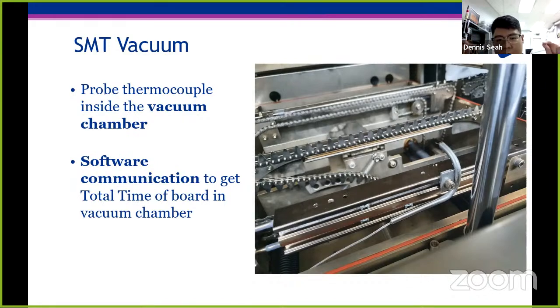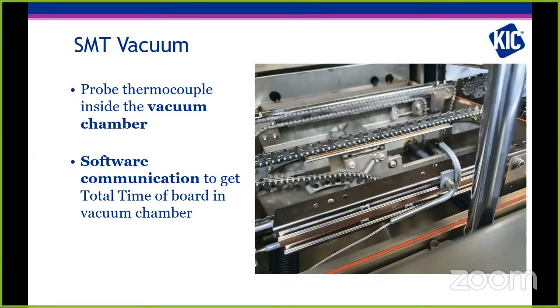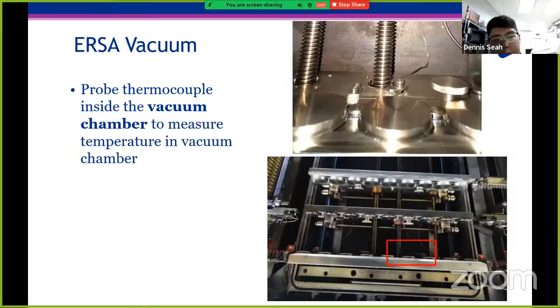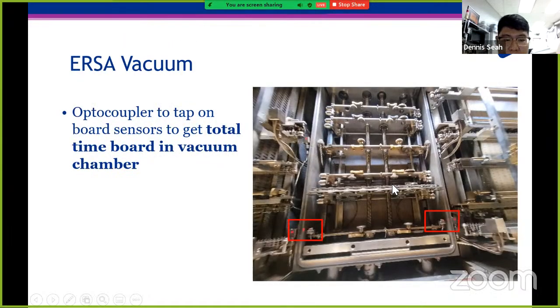That means we do not use the optocoupler, but we use oven communication to communicate with the software, and we get the signal through that. So we do not have to install more hardware compared to the URSA or the RIM. This is for SMT. Then for the URSA, it's the same. We install the probes in the chamber, and then we use the optocoupler to tap on the signal.